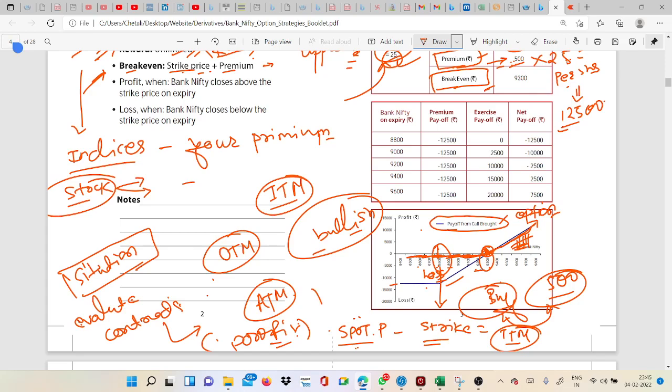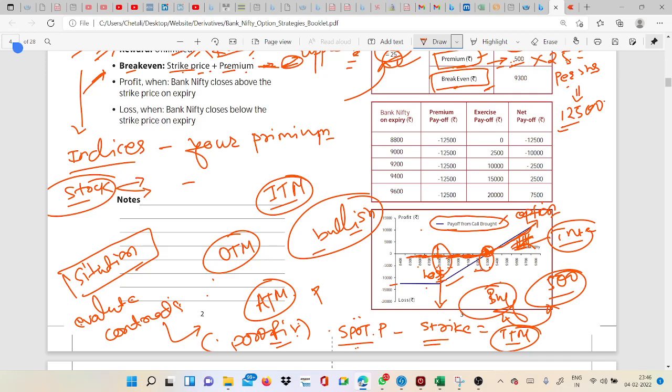Because the premium that you have paid, the strike price plus the premium, if the contract or the market index moves above this, only then you will have a profit. So that situation will be again in the money, because now your contract is in profit.